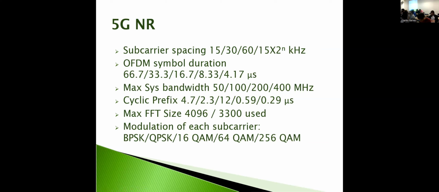So each of those little subcarriers going into that IFFT block is 15 kilohertz, and that's what's being modulated. But you can also have 30, 60, and so on, using this little formula, 15 times 2 to the n. So these go up in powers of 2, right? So the OFDM symbol duration.